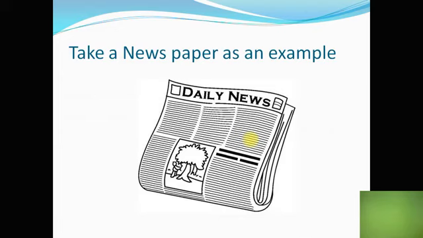You just imagine if I start a first line here and continuously read the first line from here to there, there is no column. The whole newspaper is a single paragraph. So from here I start reading and come to this end, and again for the second line I have to go back here.